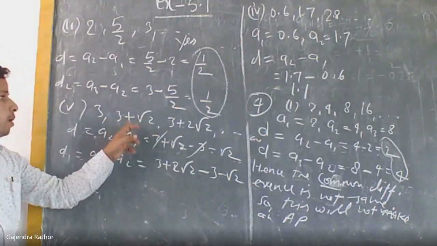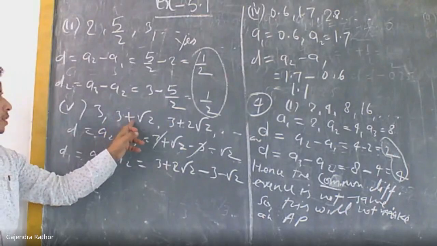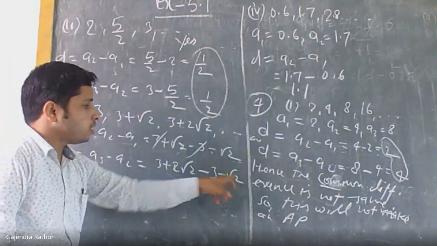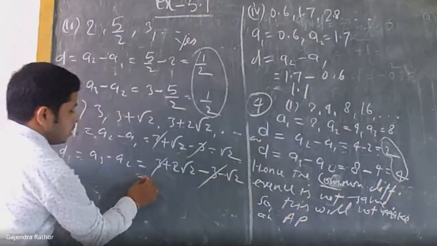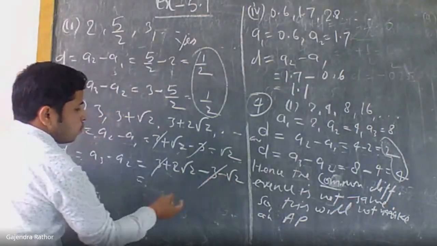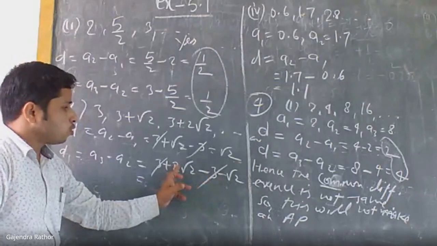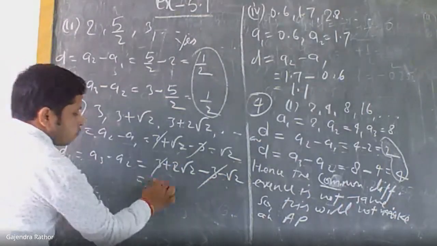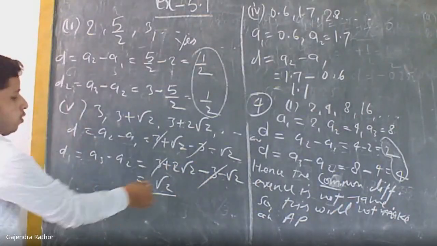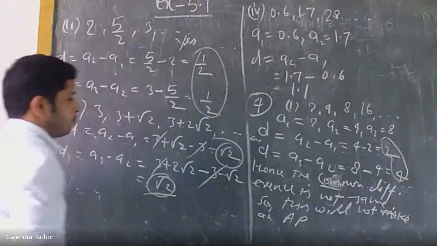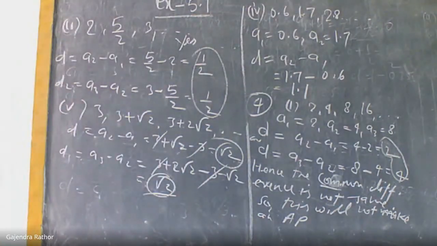So both will be negative. This is negative and this is also negative. This gives 2 root 2 minus root 2. इसमें root 2 subtract नहीं होगा because root 2 is common. So 2 minus 1, 1. So 1 root 2. So both are the same. So this will make an AP.